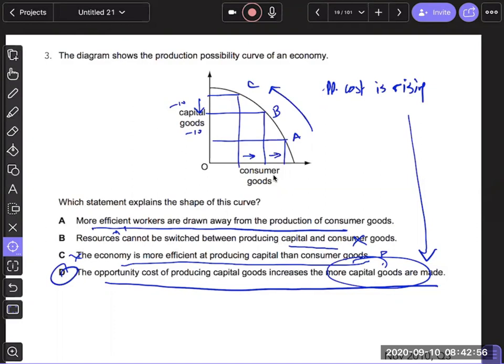Concave to the origin means it's an increasing opportunity cost. You go from X to Y, or from Y to X. Do we get that? Going from X to Y means more of Y. For any X, you will lose out more, or going from Y to X, you will still see the same thing. Am I going to move on?